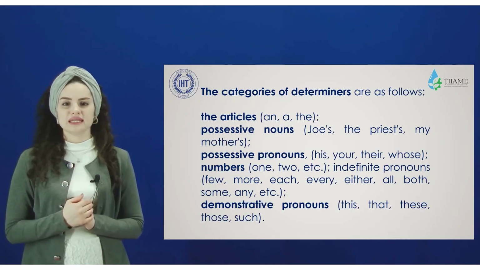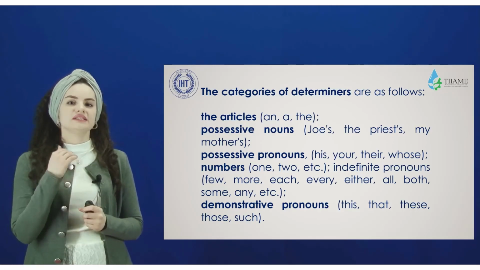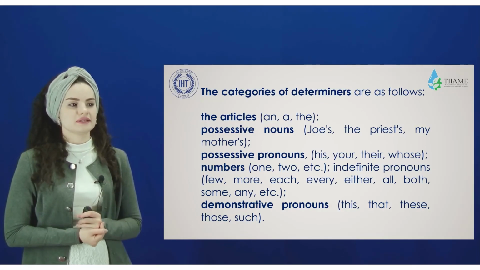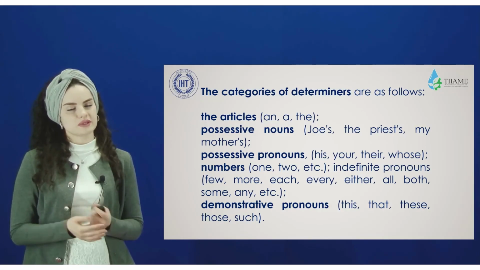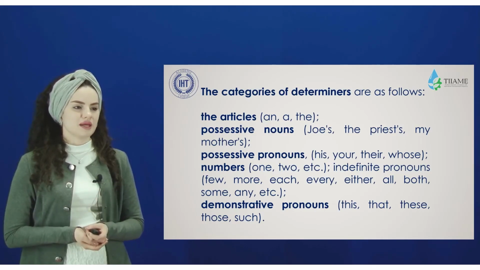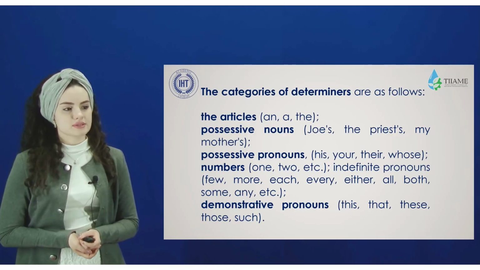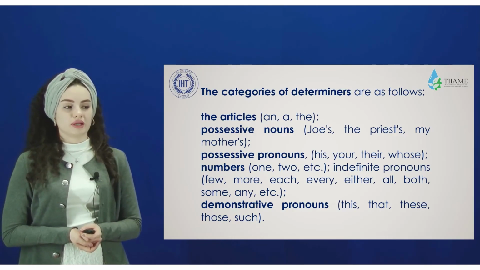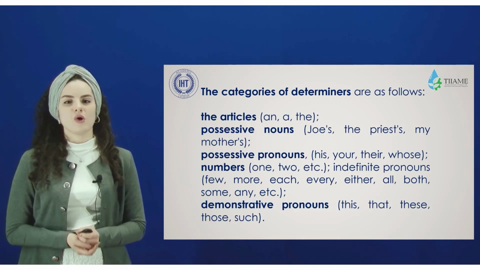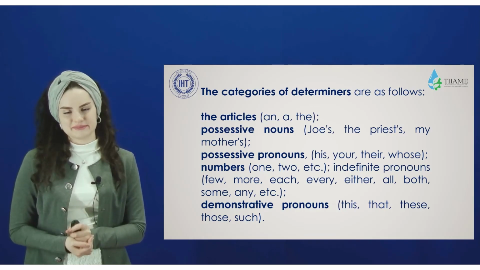So finally, at the end of my presentation, I came to different categories of determiners. Please, the articles, you know, this topic, the simplest topic, but the most complicated at the same time. So possessive nouns, possessive pronouns, numbers, and demonstrative pronouns. Here you are, categories and all the necessary information about articles and determiners.